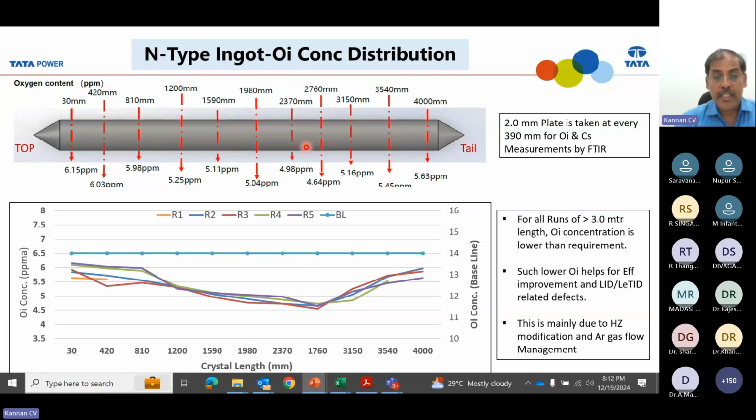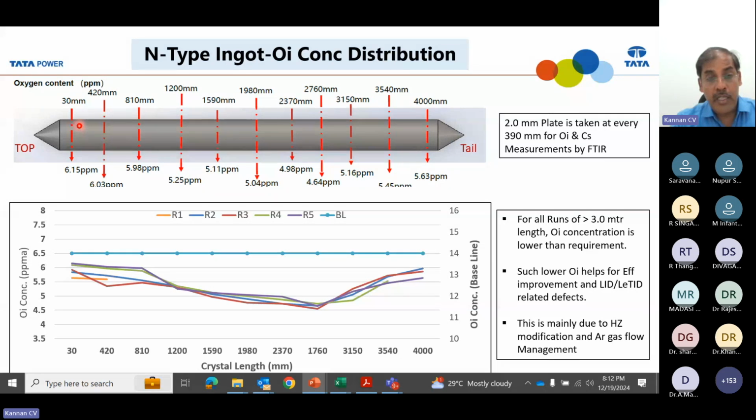Suppose the dopant segregation coefficient is very low; automatically most of the dopants will stay on the molten side. So the grown crystal will have only a small amount of dopant. The top side resistivity will always be higher, because the amount of dopant at the top, in the initial stage, is very low. When the dopant concentration is very low, the resistivity is very high.